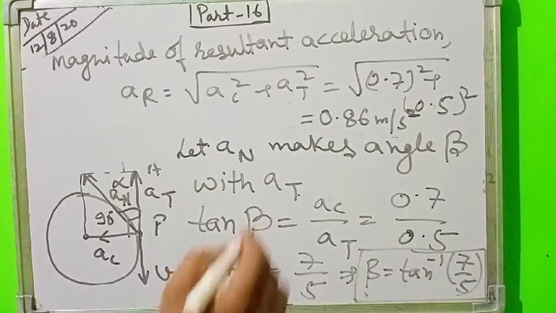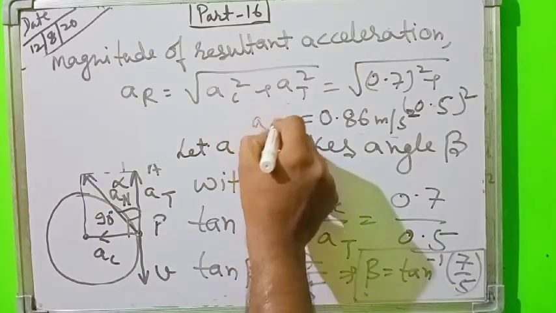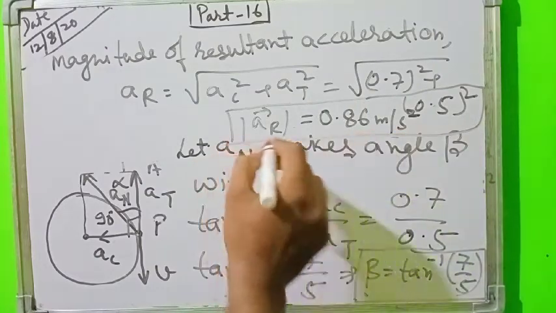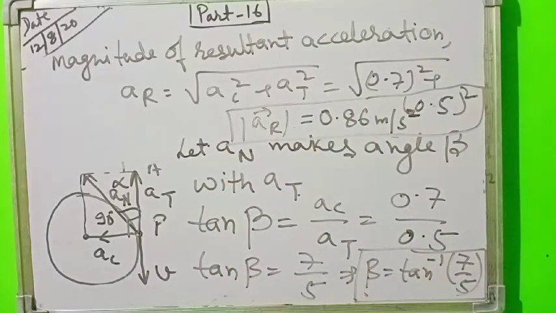So this is the magnitude of resultant acceleration and this beta is the direction of resultant acceleration with the tangential acceleration. So that is about this question.